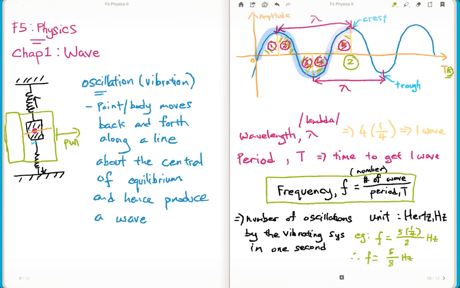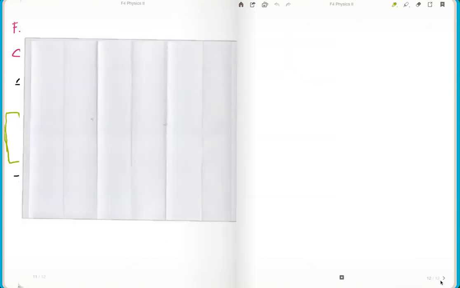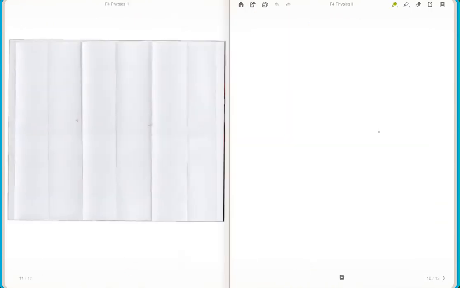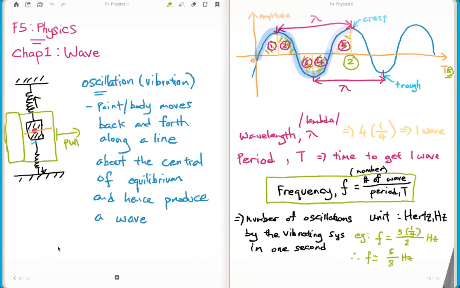Okay? Because next here, oh, yeah, okay. This is a top view. What I've shown in the previous picture is a profile side view, okay? This is the top view, oscillate up and down.